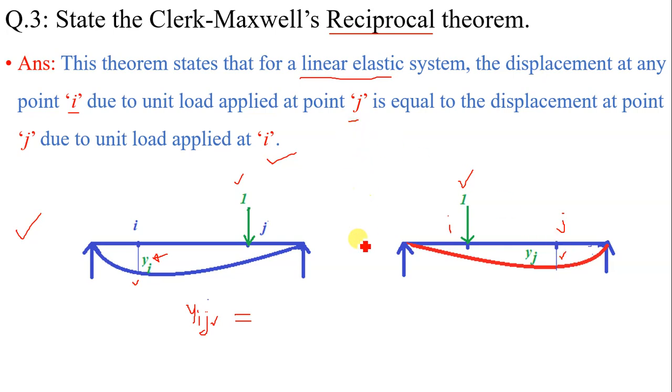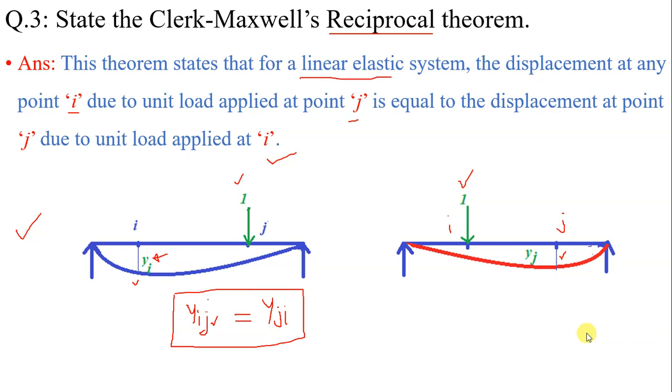Now according to this reciprocal theorem, deflection at I because of unit load at J is equal to deflection at J because of unit load at I. So this is called the reciprocal theorem, or more precisely Clerk-Maxwell's reciprocal theorem.